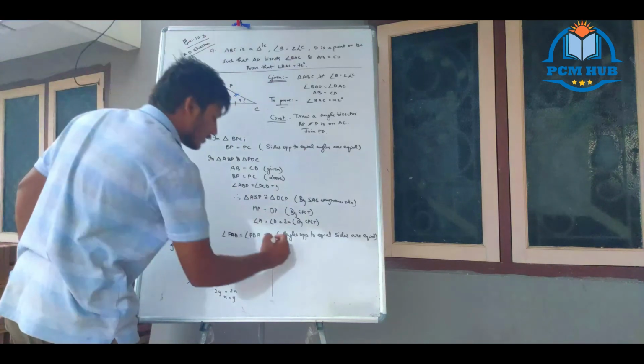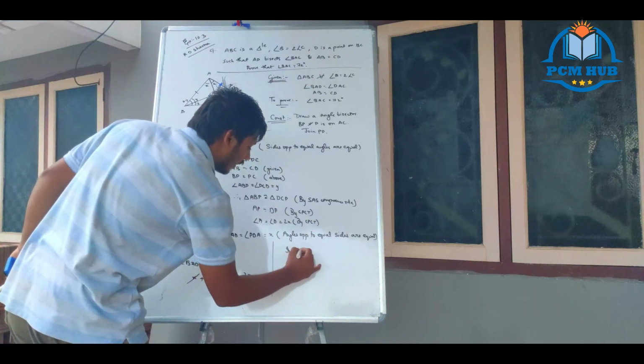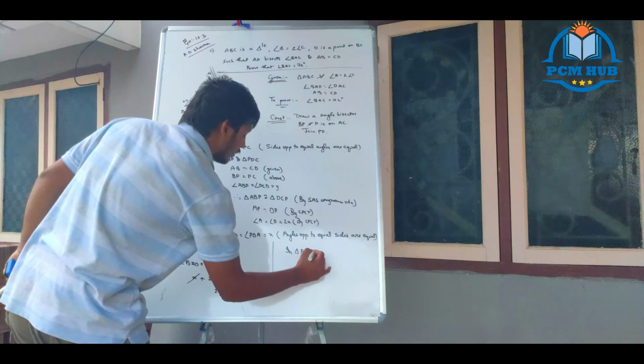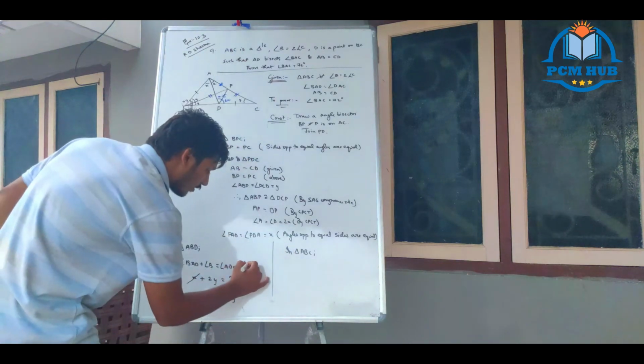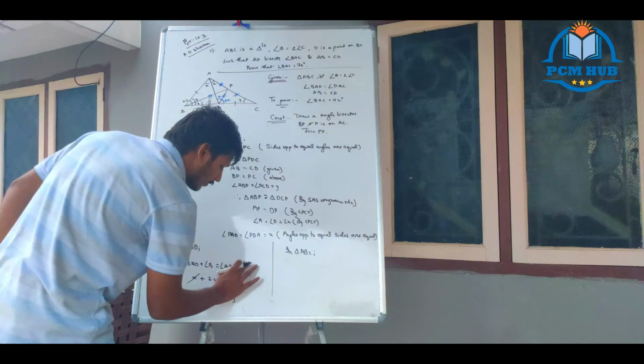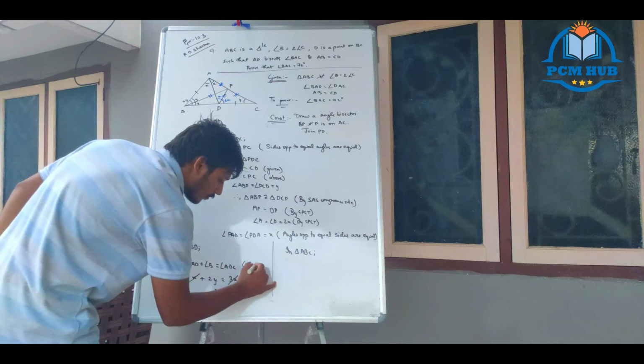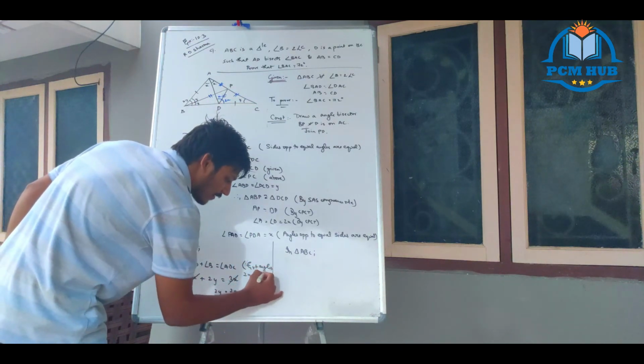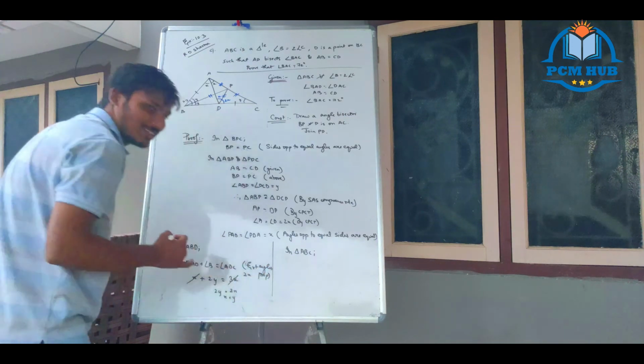Now we will go to the second inference. In triangle ABC, this is by vertical, that is exterior angle property. Shreya's favorite next will come: angle sum property.